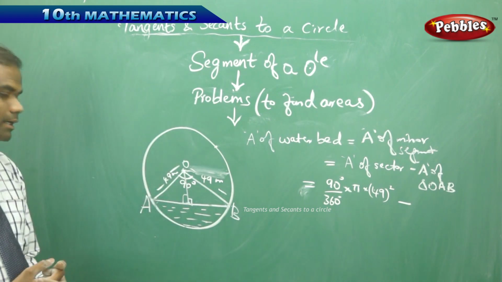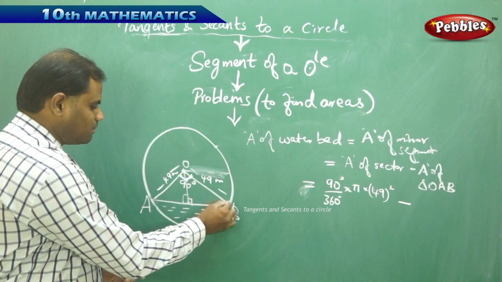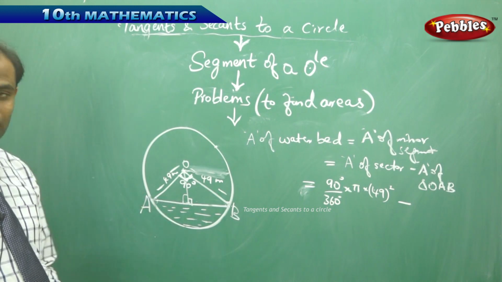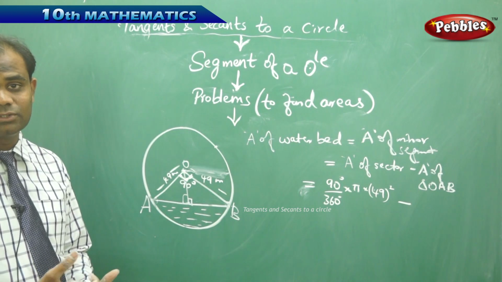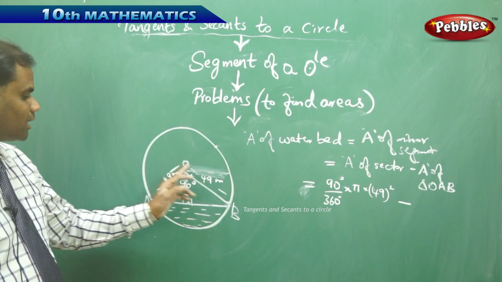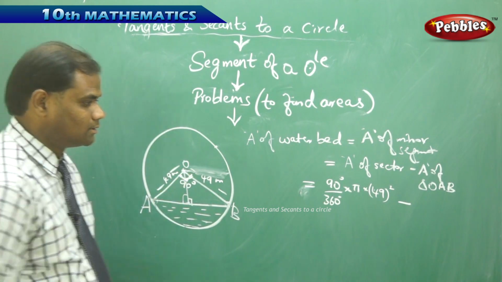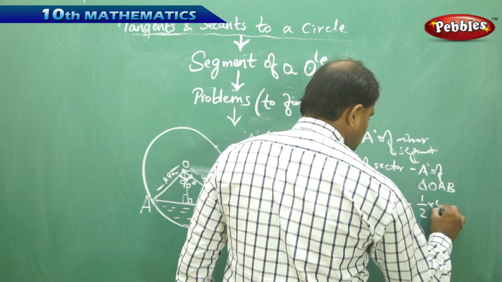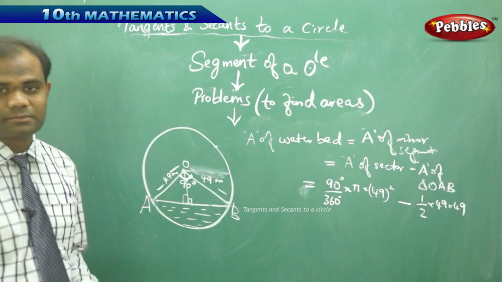Clearly, this being 90 degrees makes these the base and the height of the triangle. Therefore, for this right angle triangle, the area is half times base into height. The base being 49 and the height being 49, OB and OA respectively. So I get half times 49 times 49.